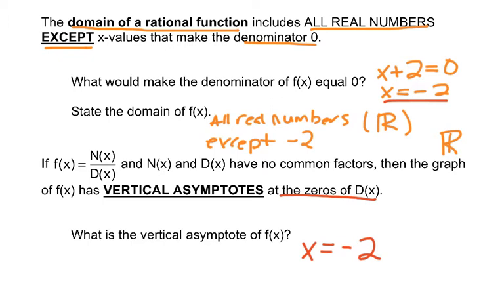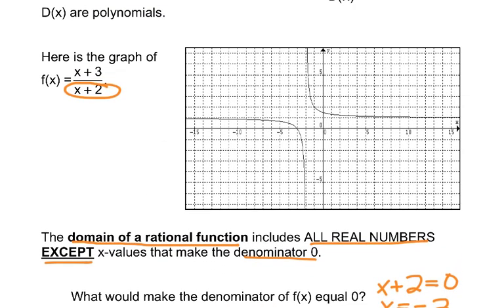So a vertical one would be a vertical line that your graph does not cross. So if you look here, you have a vertical asymptote at -2. And again, we got that from where our denominator equaled 0.